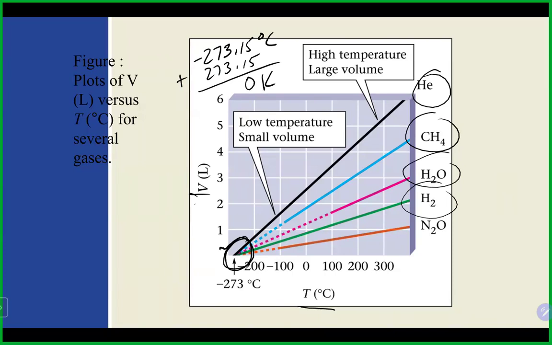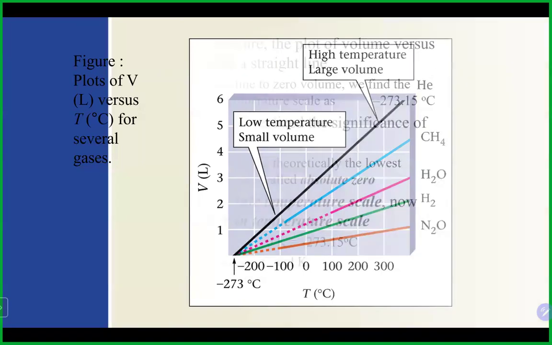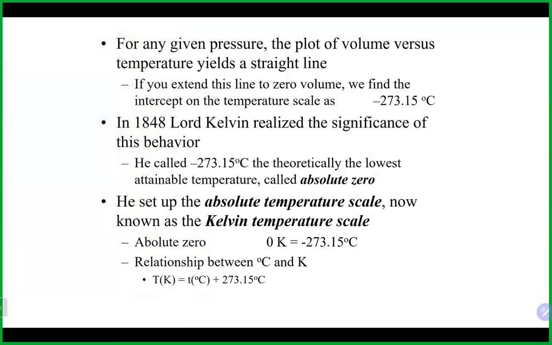So Kelvin recognized this characteristic, and because of that, you could thank him because every single gas law ever that you use, the temperature always needs to be in Kelvin. So that should almost be an automatic thing that you do when you're doing a gas law problem. If you come across a temperature, you need to put it into Kelvin.